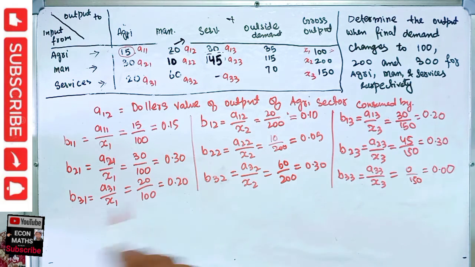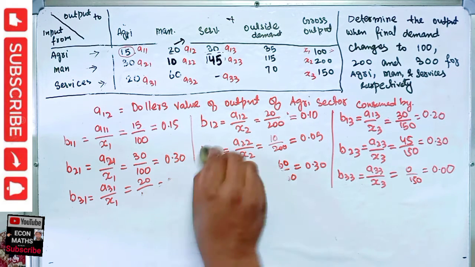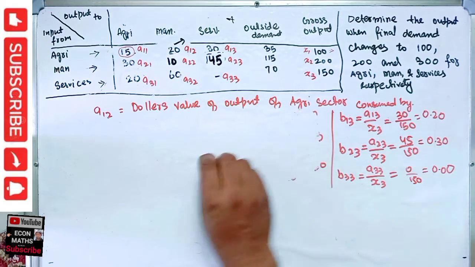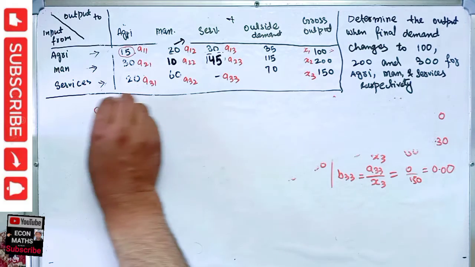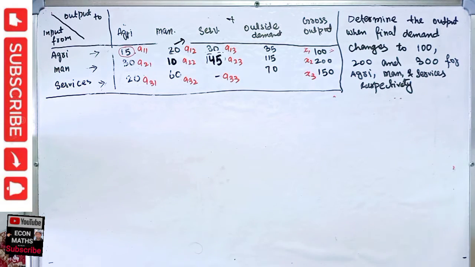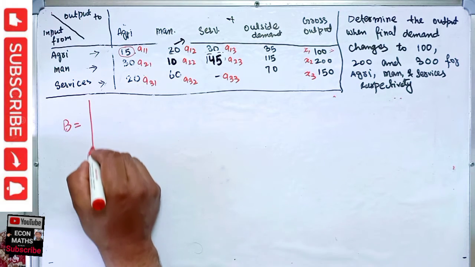These are the technological coefficient matrices, so we will write them in matrix form. For that I need to rub this out. So our B, which is a technology matrix, would look like this.